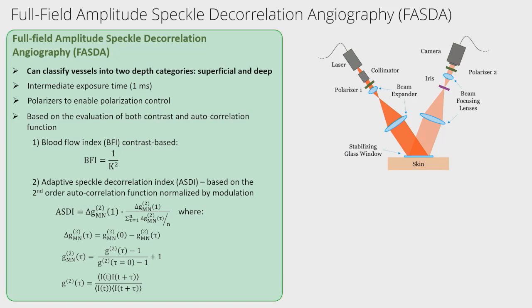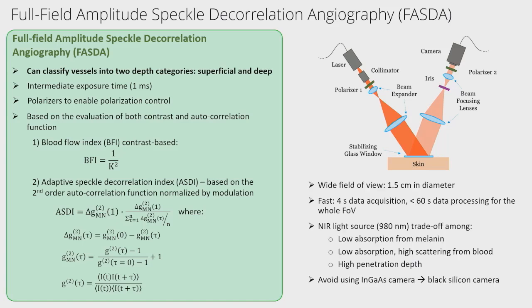We use polarizers to enable polarization control. And we simultaneously evaluate two metrics: the blood flow index, which is a common metric in laser speckle contrast imaging, and the adaptive speckle decorrelation index, which is a metric that we developed, and it is based on the second-order autocorrelation function.